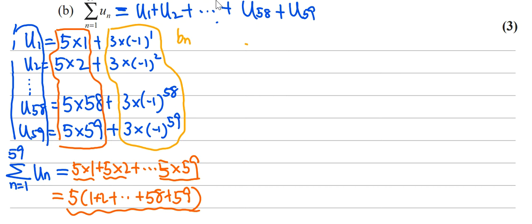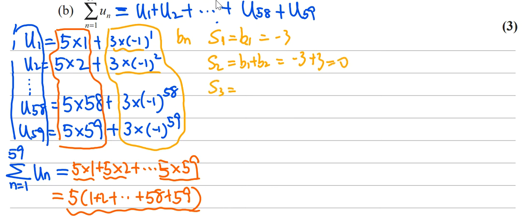Now, if it is Bn, then your S1 should be B1, which is -3. Now S2 means B1 plus B2. Your B2 is 3. So S2 is 0, right?